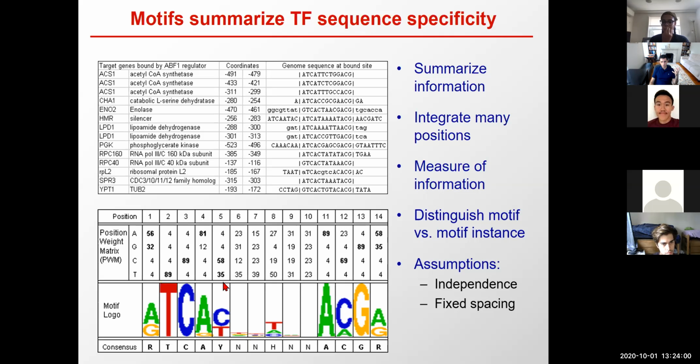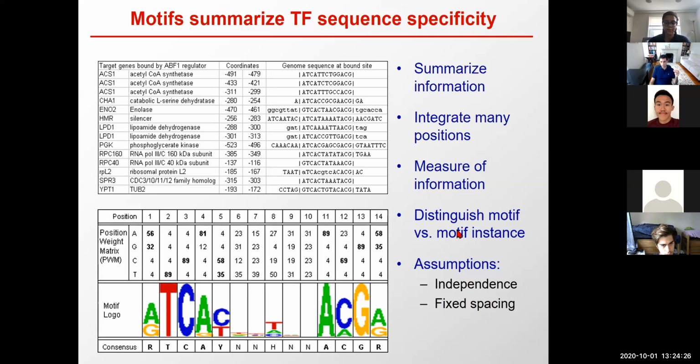But of course, that will be a pretty close approximation. So most of the time we're going to assume position independence, and if you have position dependencies, then you can split them up into different motifs. We're also assuming fixed spacing, and that's not always the case. So there are some motifs for which there's actually variable spacing in between the 2 parts, and these we simply won't be able to capture.